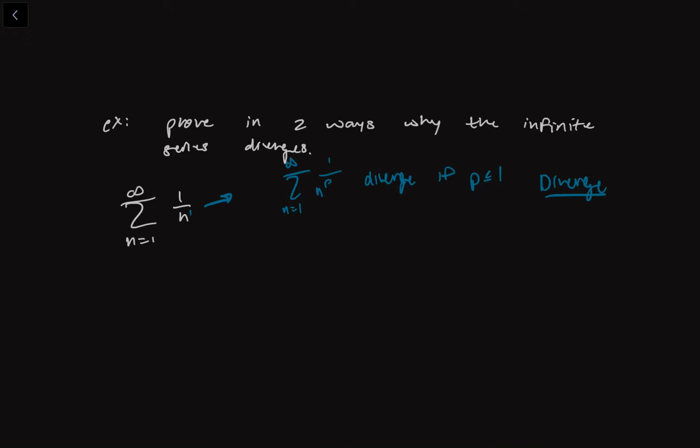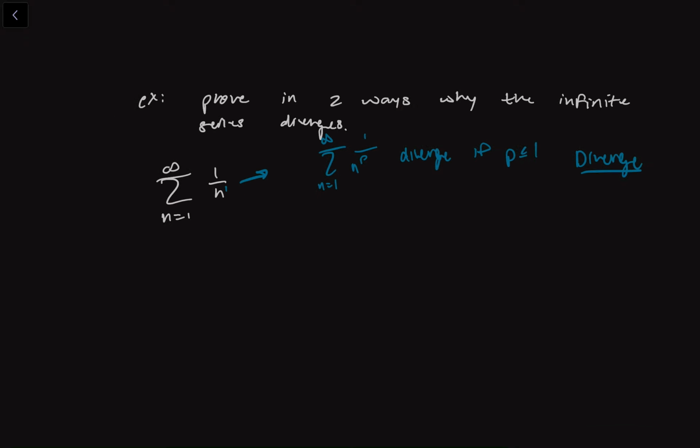But the p-series originated from integrals, right? So we could also do this with an integral test. We could look at the integral from 1 to infinity of 1 over n, or I guess you could do it with n's, but we're just used to x's, so we'll stick with x.